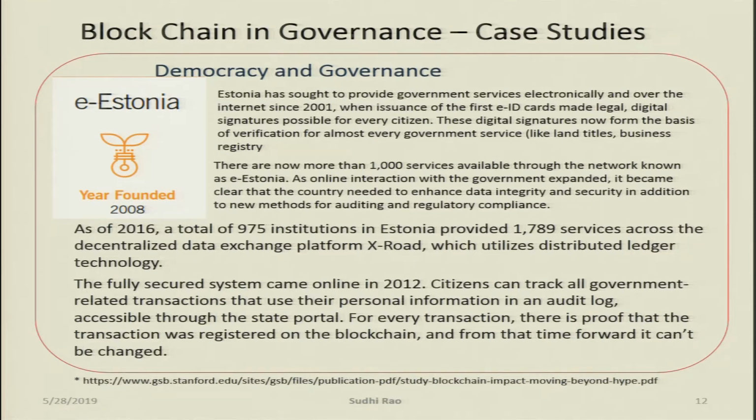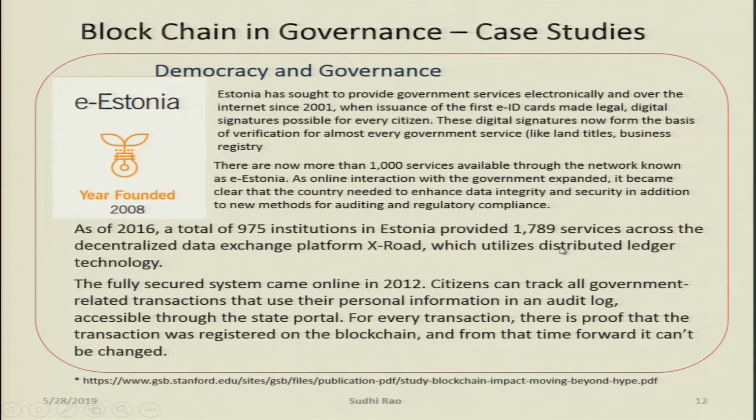So, finally, Estonia has moved to a blockchain where these institutions, the RTO, Income Tax Department, Postal Department, City Urban Corporation, Electricity Authority, Gas Authority, the Telephone Authority, the Passport Authority, these are all part of the 975 institutions. They are using a common ledger, they all make their entries into a common ledger providing 1789 services.